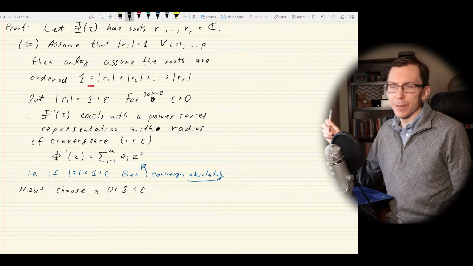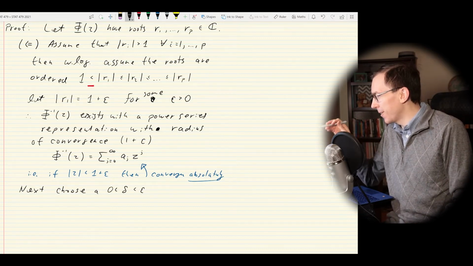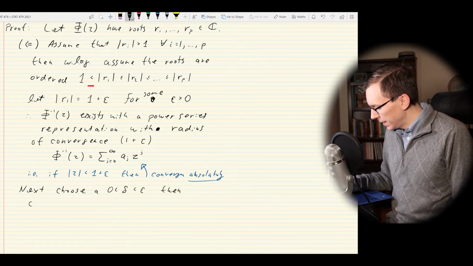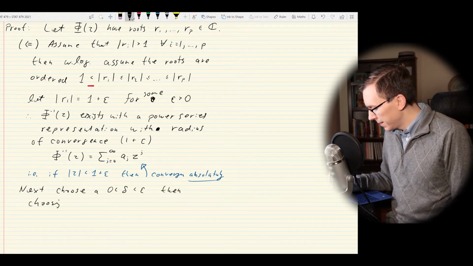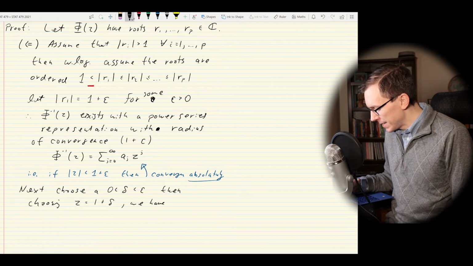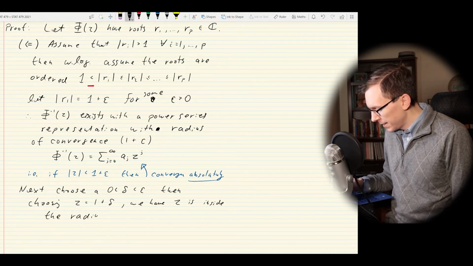And luckily we have real numbers, so we can definitely find some delta that lies between 0 and epsilon. Then choosing z to be 1 plus delta, we have that z is inside the radius of convergence.